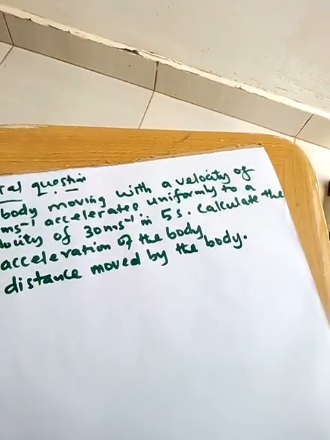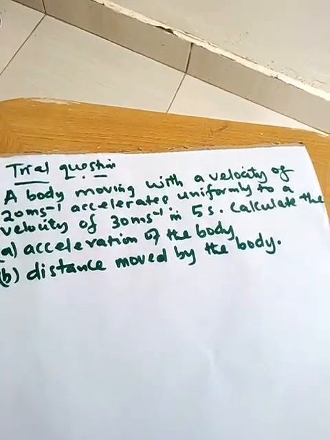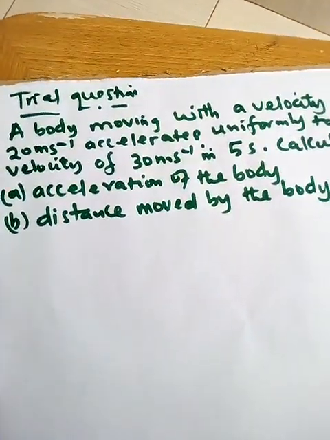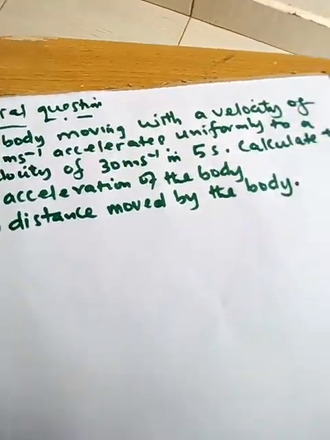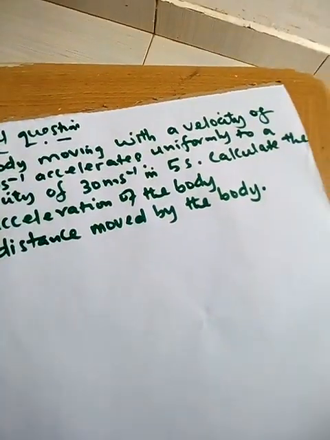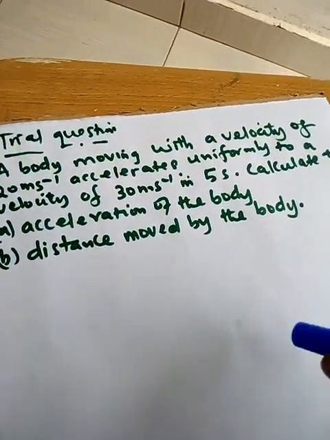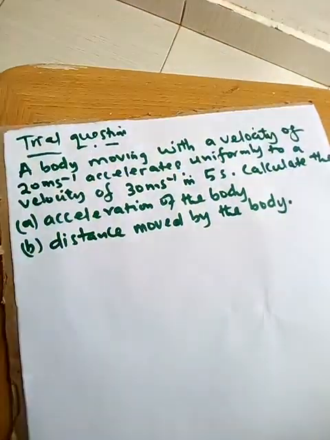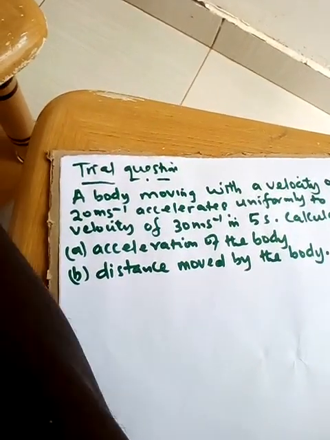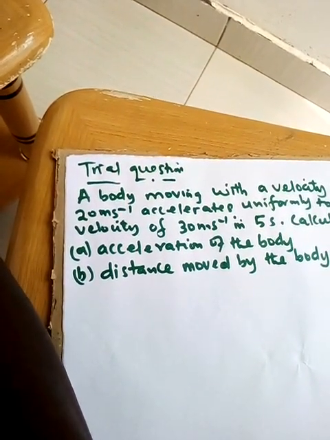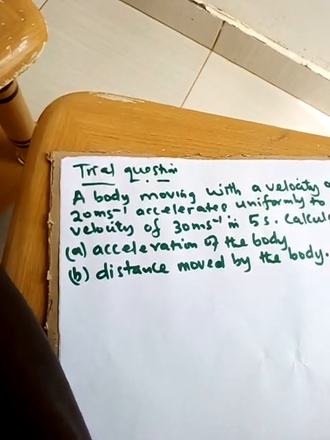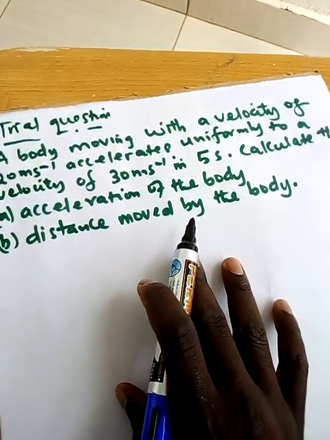Sometimes students always want to be given a hint. I'm not going to give you the hint, but I'm going to leave you with the answers to these questions, such that when you're calculating, you can easily know whether you've got it correctly or you haven't. But I think I need to give you 2 questions.